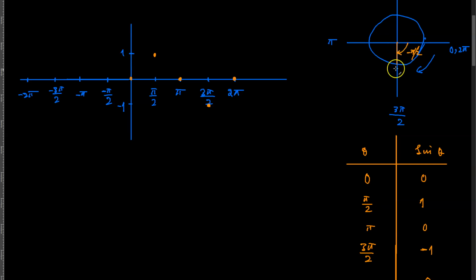If two angles are coterminal, then all the trigonometric ratios related to those two angles are going to be the same: the sine, the cos, the tan, cot, secant, cosecant, and so on, because they are practically the same angles.